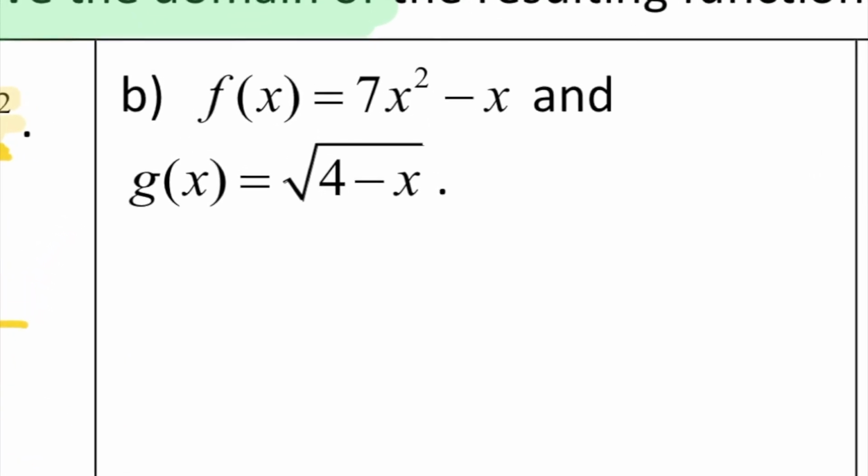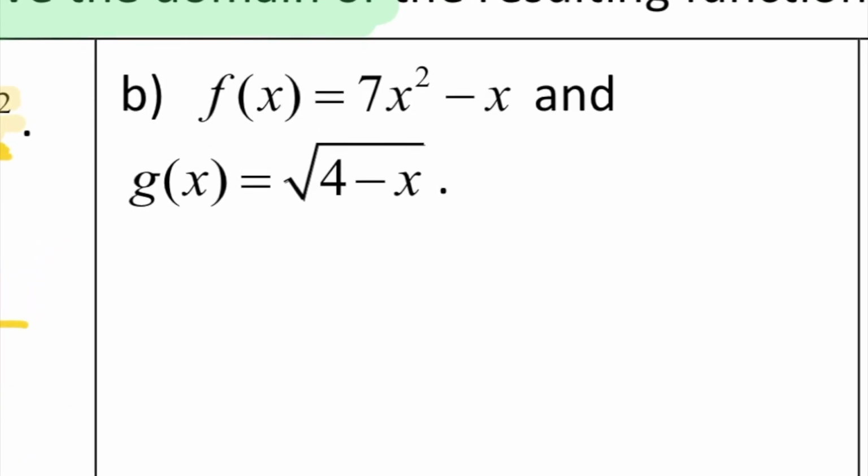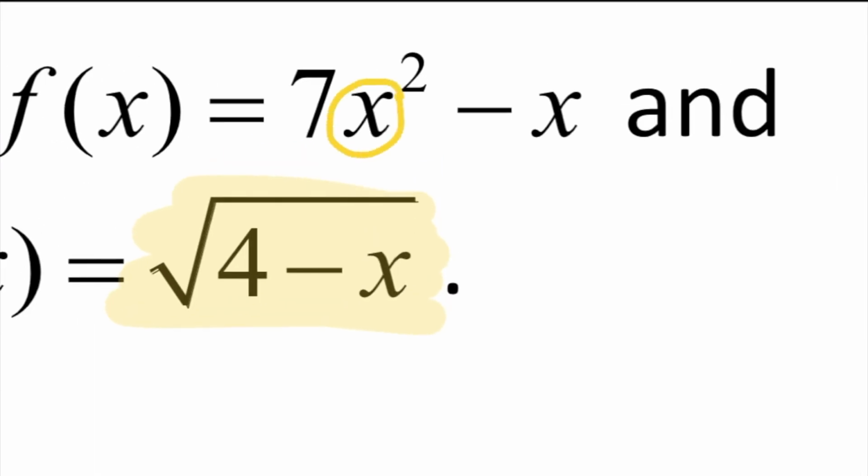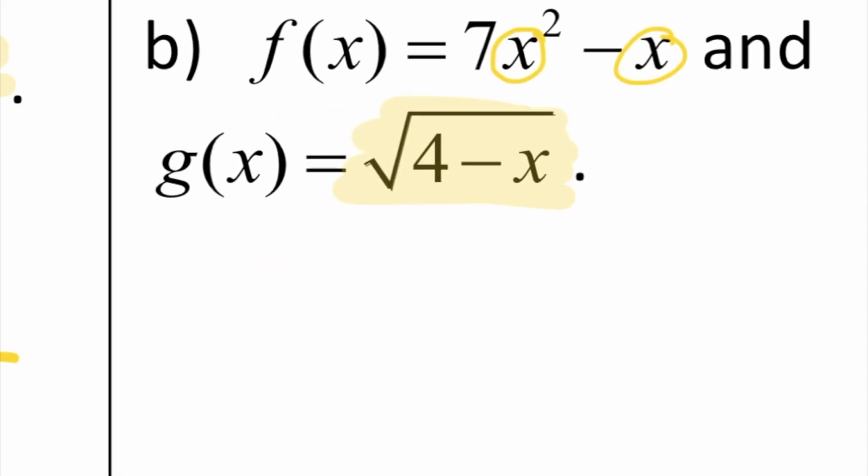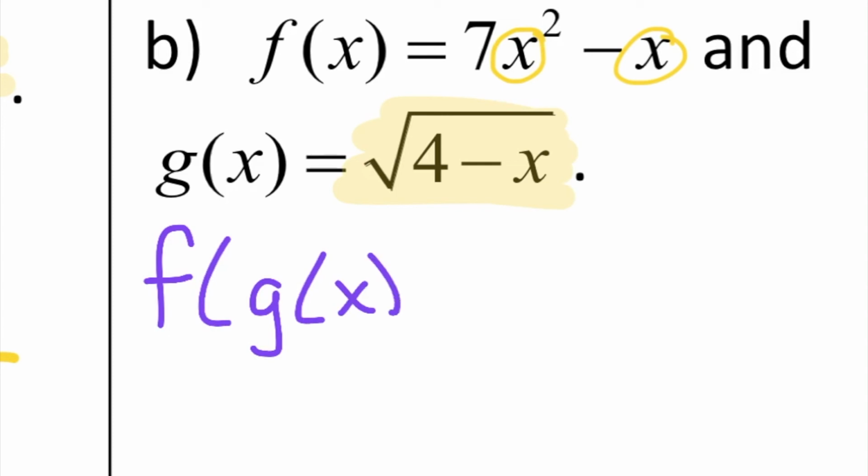And then in letter B, I'm going to do the same thing. I am going to take the function g, and I am going to use it as the input wherever there's an x in function f. And like I said, I like to start by writing f of g of x in that notation.